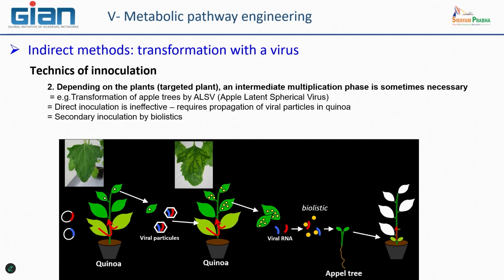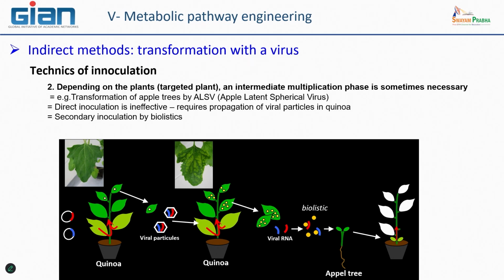And what we do is not infect the apple plant again with virus particles, because it doesn't work, but we combine this viral DNA with a plasmid of Agrobacterium, and we use another way of delivery. I will explain what it is.